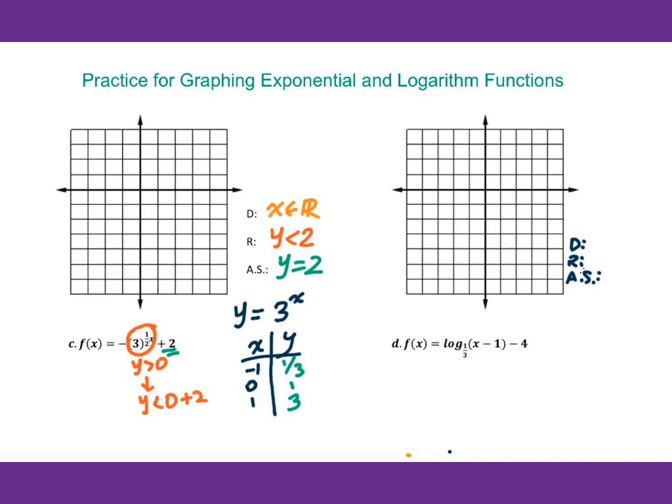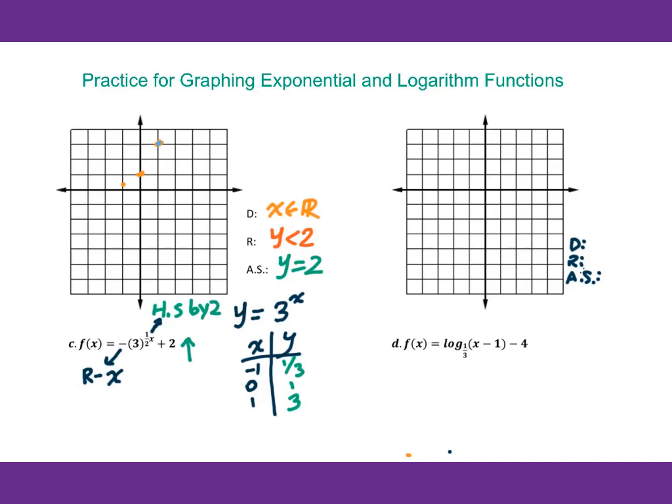It will be here. 0, 1 here. 1, 3 goes here. Then let's go to transformation. For this negative sign, reflect across the x-axis. 1/2 means horizontally stretched by a factor of 2, because inside is a liar. Then plus 2 means go up 2 units.